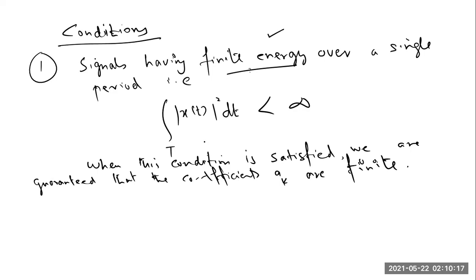And what is the other effect of this condition? For such signals which fulfill this condition, if we use a finite Fourier series, which means if you take summation from minus n to plus n, and you get a signal xn of t.